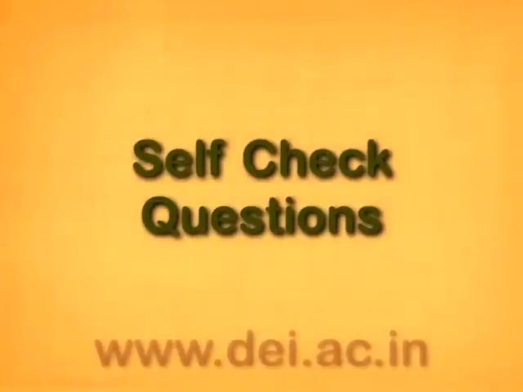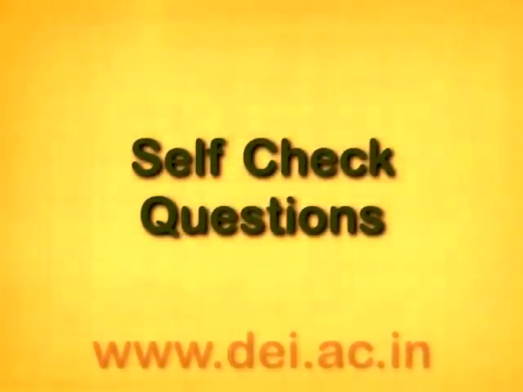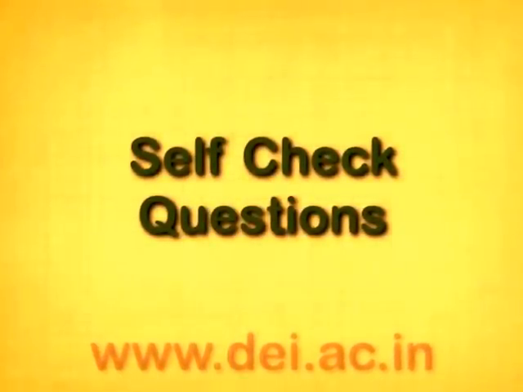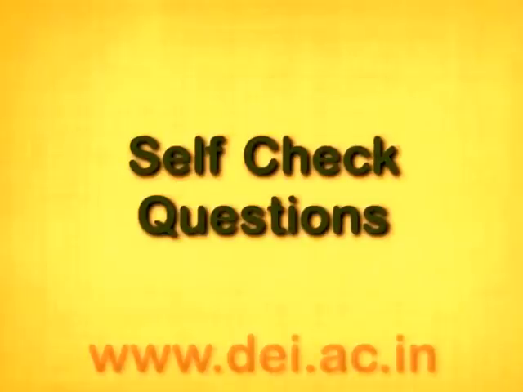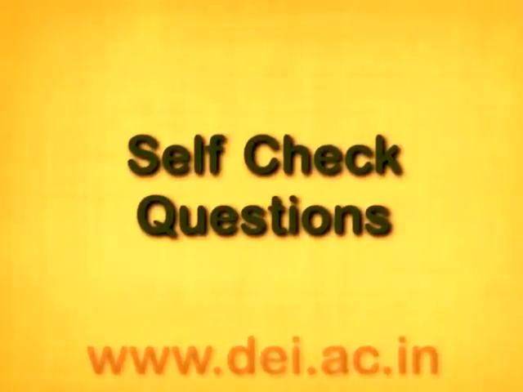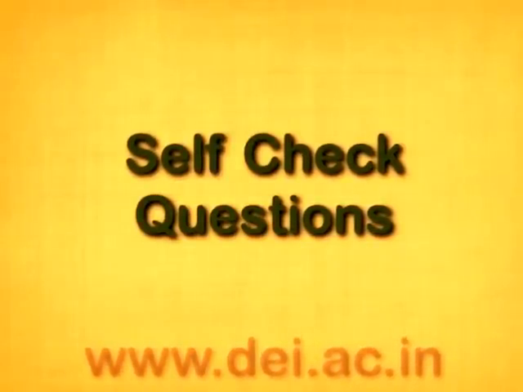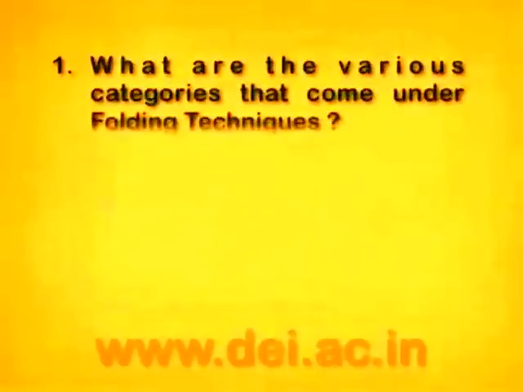Now I am going to ask you some self-check questions. I'm sure you will be able to answer them because they are extremely simple and to the point. Question number 1.